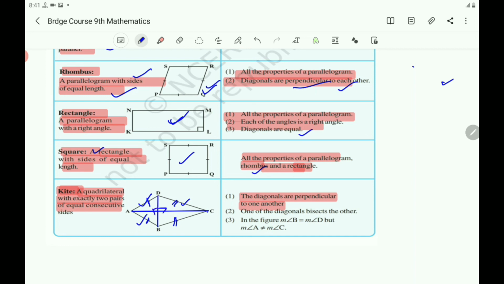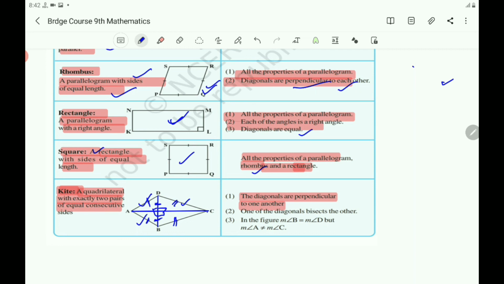How are they? They are perpendicular to each other. One of the diagonals bisects the other. Here you know that these two parts are equal. So one diagonal is bisected by the other.